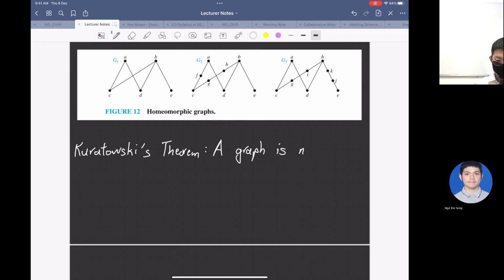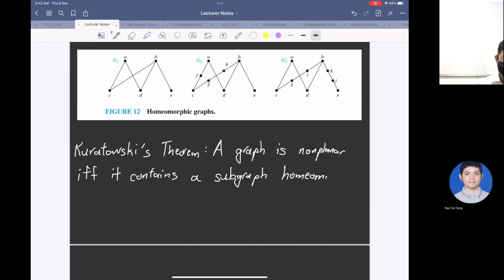A graph is non-planar if and only if it contains a subgraph that is homeomorphic to K33 or K5. You need to take note of this if and only if, which is already similar to equivalence.